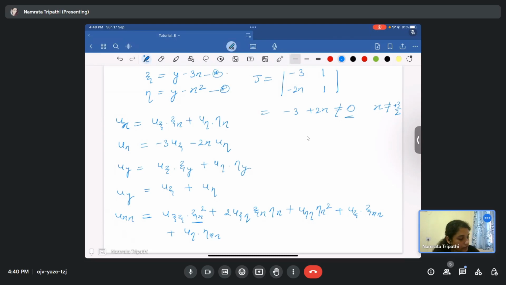If we subtract 1 from 2, let's say this is 1, this is 2, then you will get the expression 3x minus x square. Xi minus eta will become 0 minus 3 plus x square. So the expression for x square minus 3 is xi minus eta. Fine.